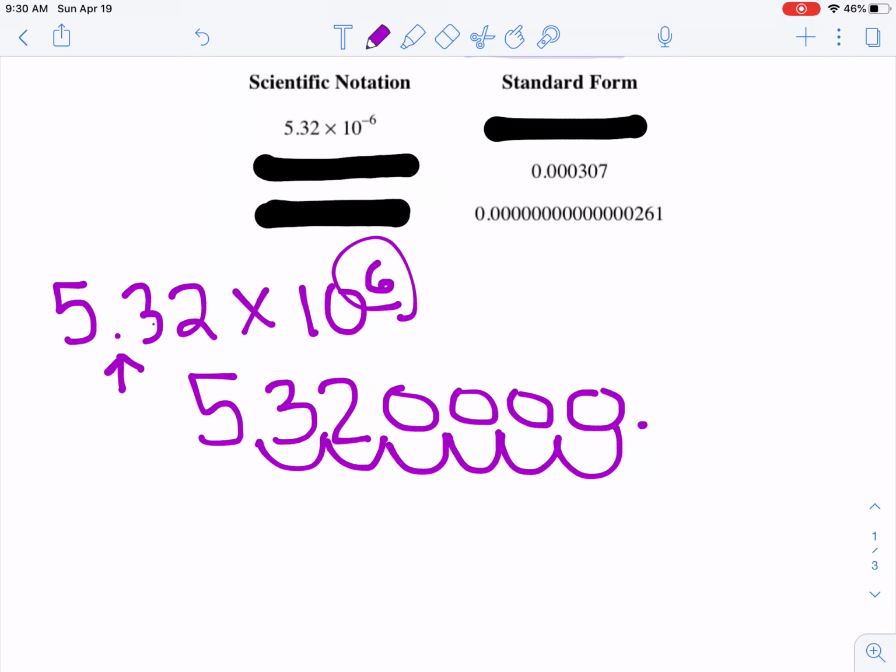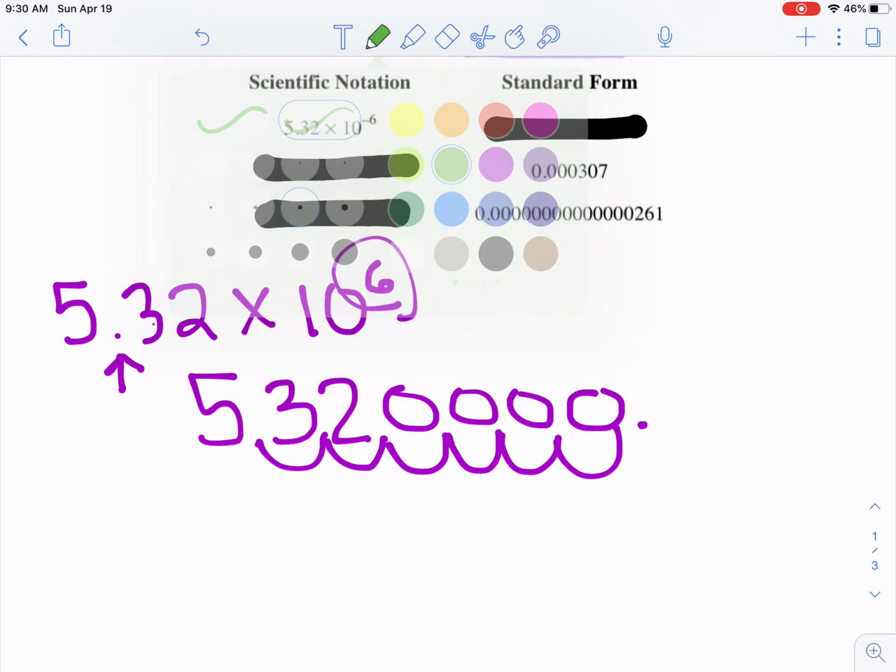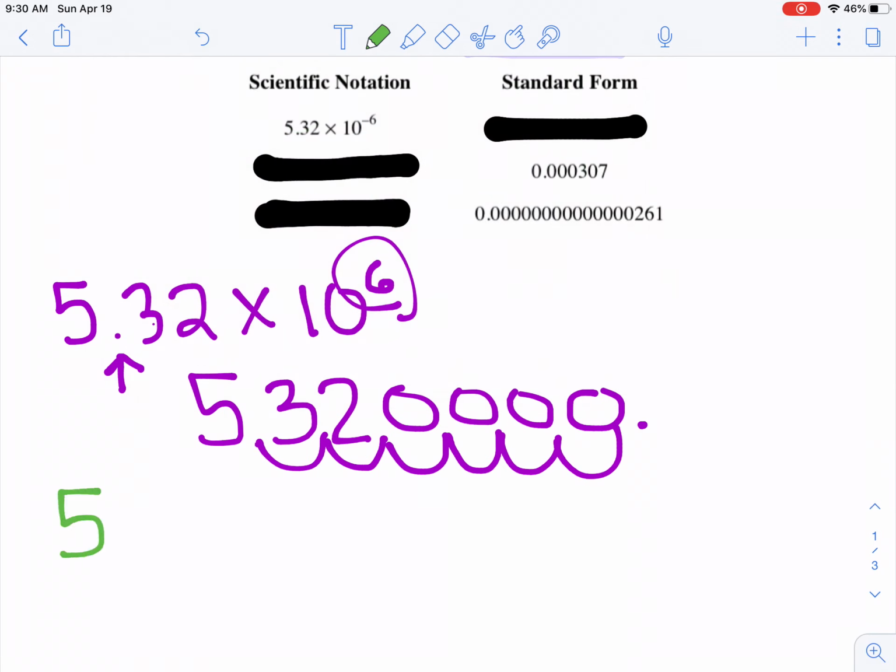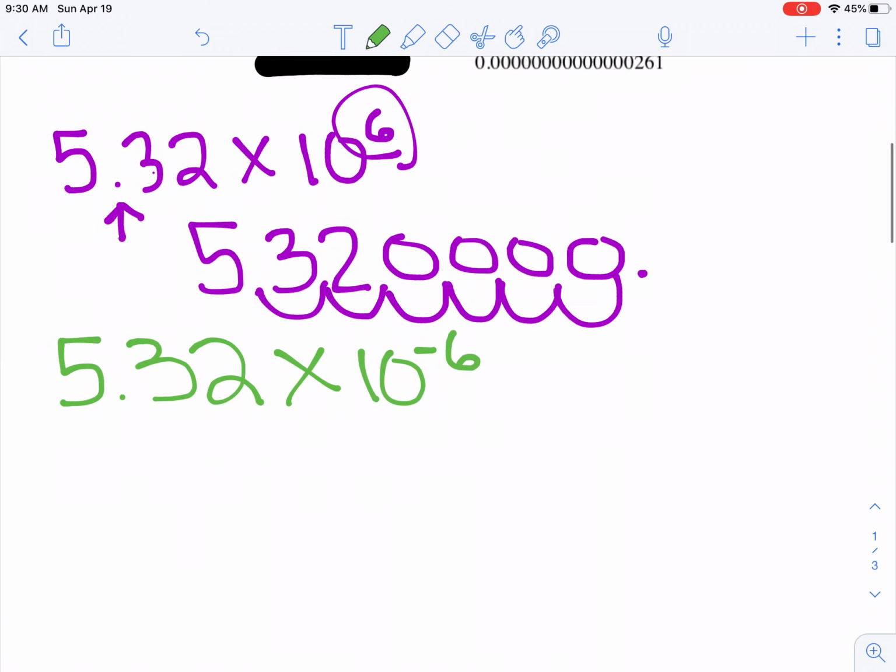Now, the example they're giving us is not to the power of 6. The example they're giving us is 5.32 times 10 to the negative 6th power. Okay, so let's take a look at what happens here. We looked at this last week. Because it's a negative power, it's going to get smaller. So we have 5.32, the decimal point is here.